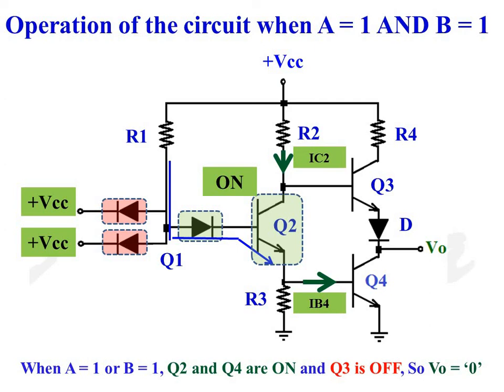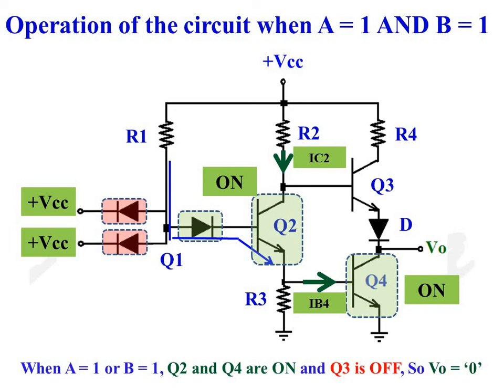A part of the emitter current of transistor Q2 flows towards the base of transistor Q4, turning on transistor Q4. As transistor Q4 is turned on, its collector voltage is approximately equal to 0.2 volt with respect to ground.